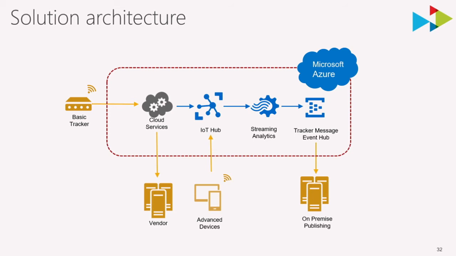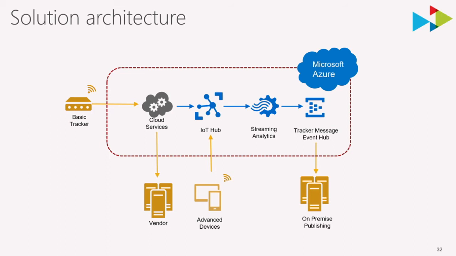And then we transform that message into our IoT hub. Then we have advanced devices, and the advanced devices are going to be like your cell phone. So we can write an app that tracks your location. You can turn it on when you're on the clock, and it can ping your location. It could also be a crew advanced workstation device.